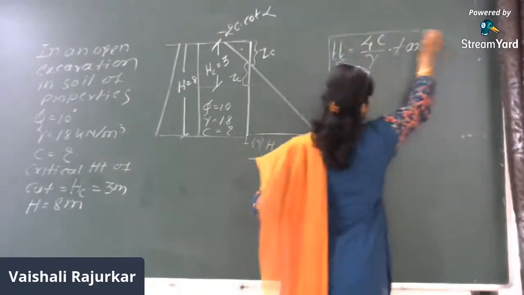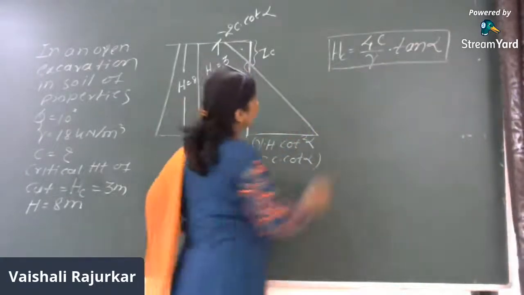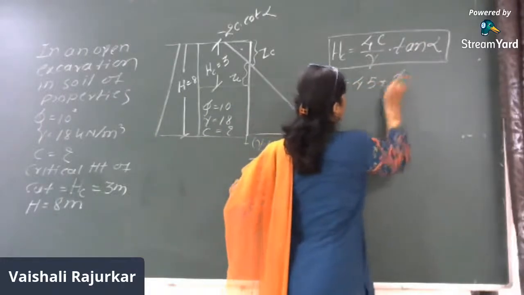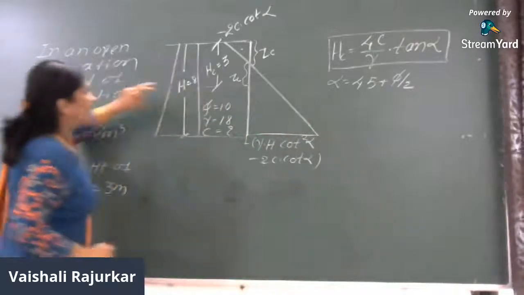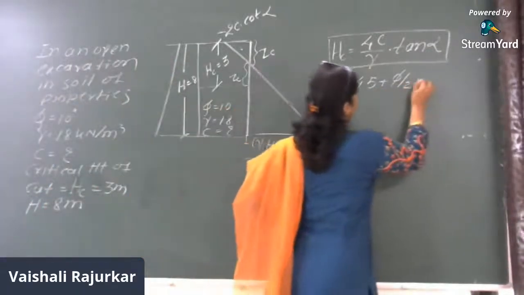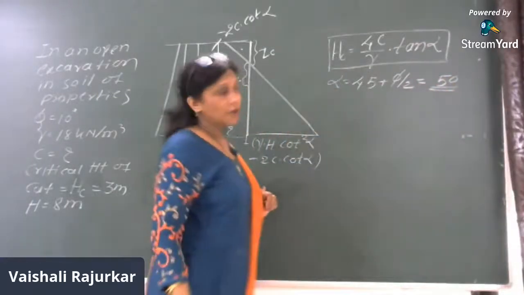So this is the equation by which we can find out the value of C. So what is alpha? Alpha is equal to 45 plus phi by 2. The value of phi is given as 10 degree. So alpha is equal to 50.